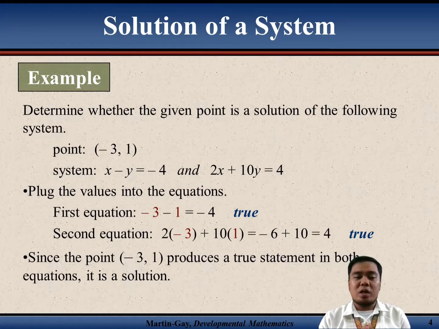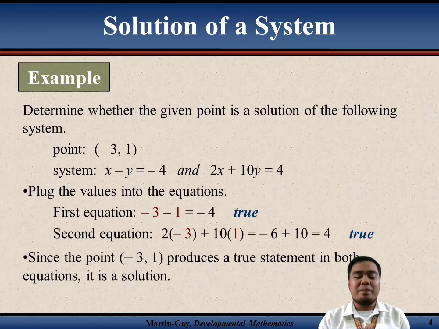So for example, I have here a system: x minus y is equal to -4, and 2x plus 10y is equal to 4. How am I going to test that the point -3 and 1 is a solution? I will substitute the value of x, which is -3, and the value of y, which is 1, into the two equations.